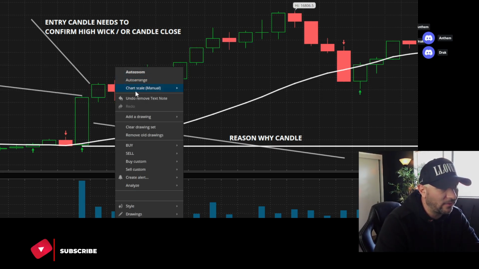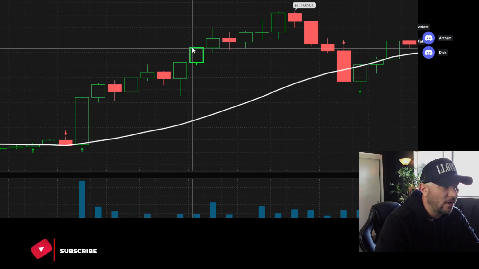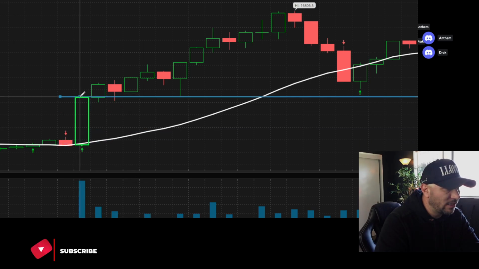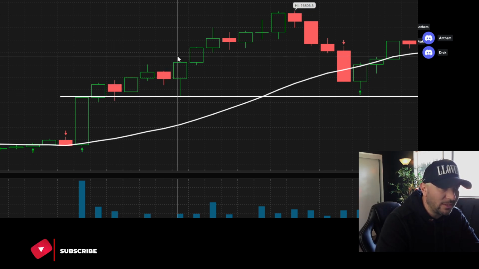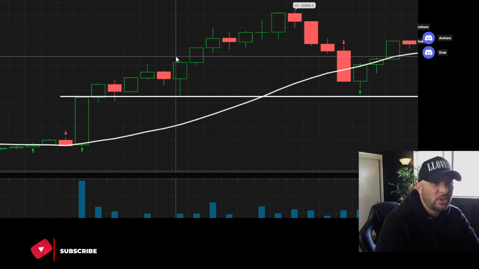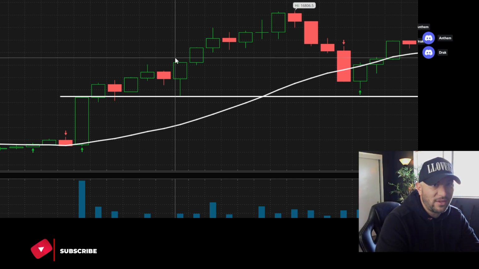Well, let's find out. Let's clear everything off the screen. If our entry price is going to be here, 16,670, then we need to go up 80 points, and that's going to be our 1-to-1 risk to reward ratio. So from a price of 16,670 to 16,730 is 60 points.